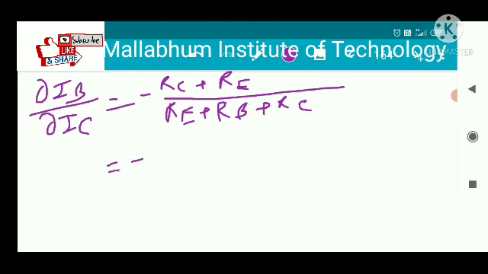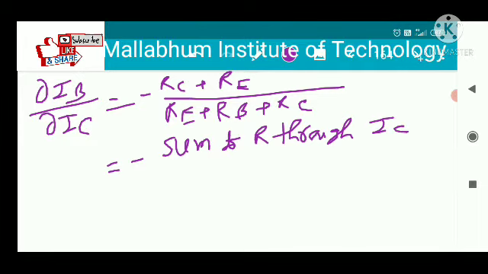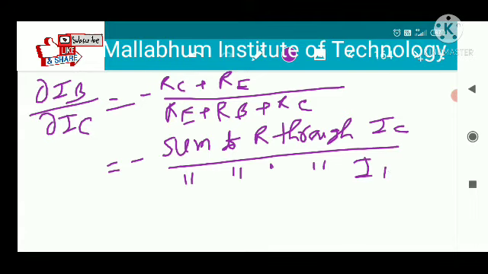So that comes out to be the sum of resistance through which IC is flowing, divided by the sum of resistance through which IB is flowing.